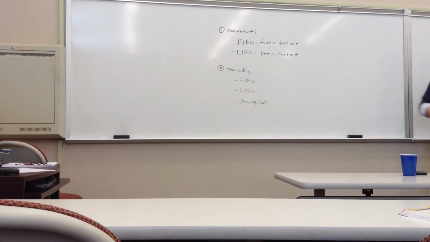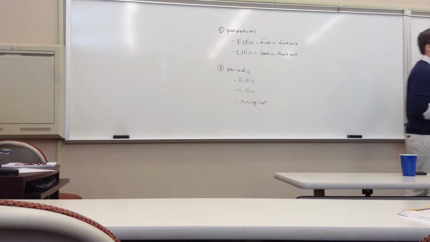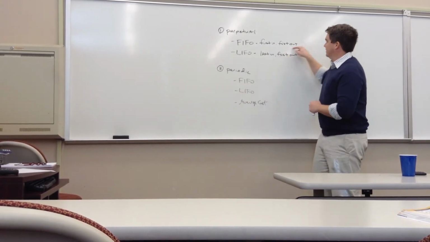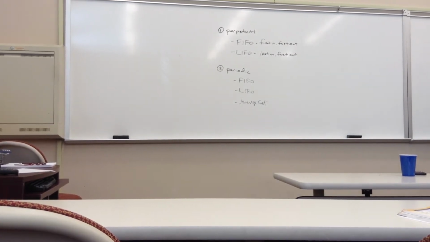So here's where we're going to start. Here, two systems, perpetual, periodic, FIFO, LIFO, average cost. Where we are going to start is perpetual, and the problem that we're going to work today is going to deal with FIFO, first in, first out. Okay, so look on page 348. That's where we're going to start.